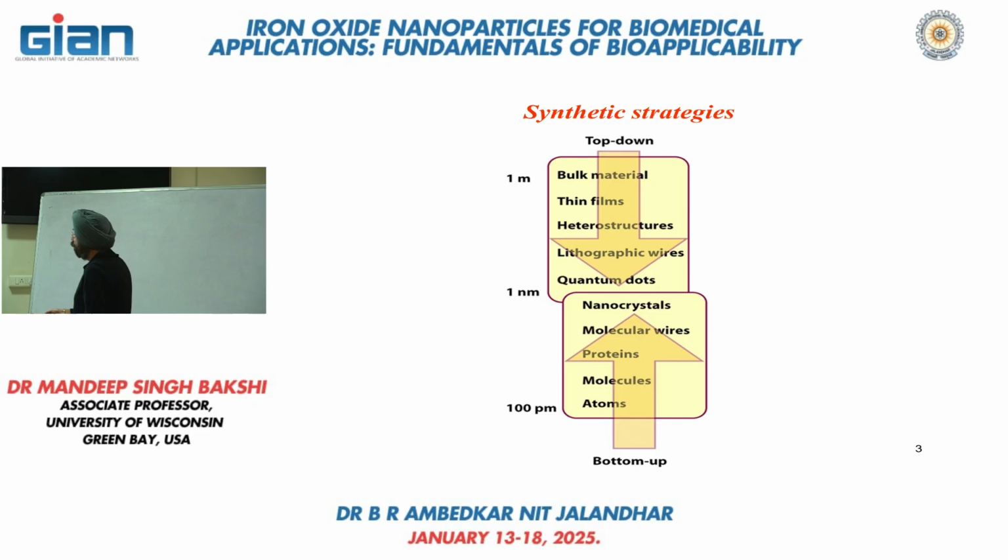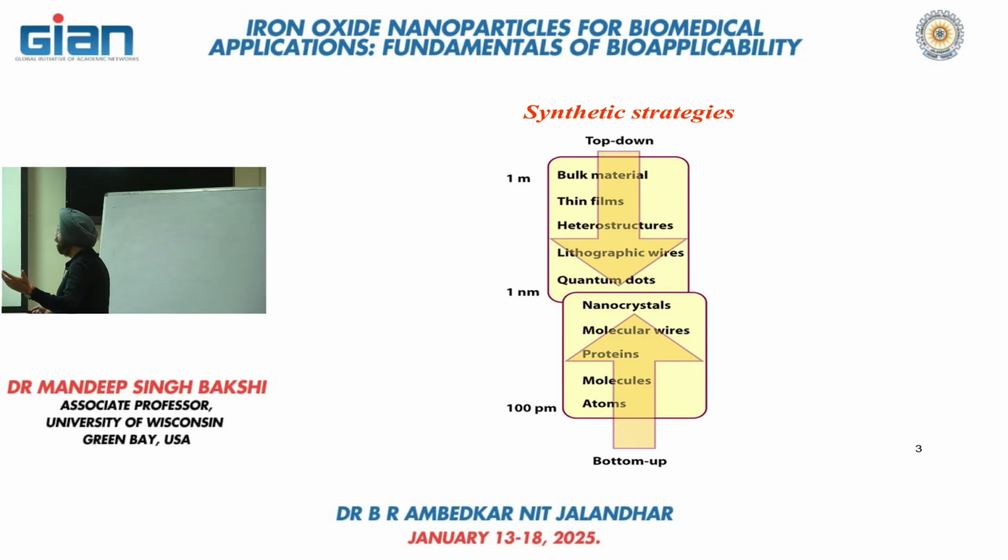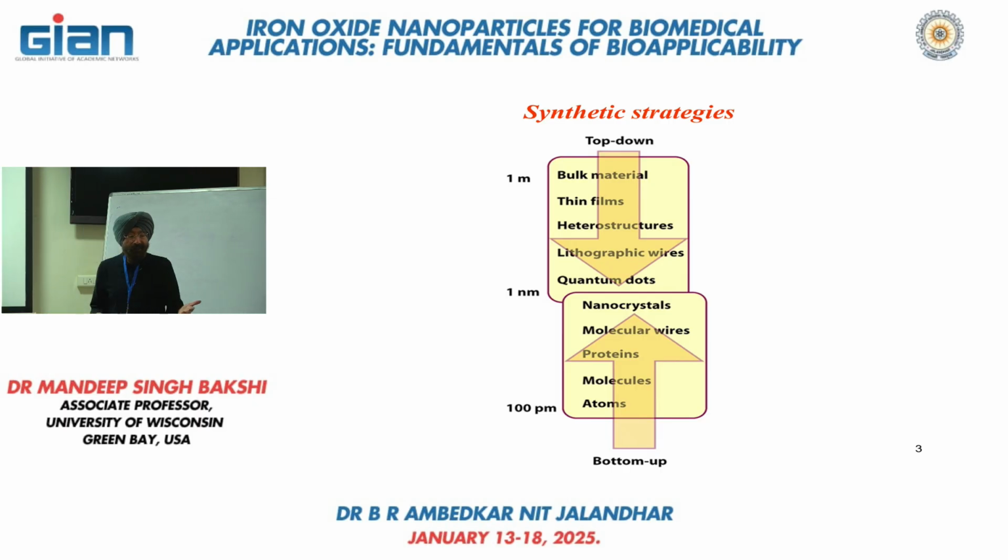That is the way we allow the atoms to produce the nano object. If we are dealing with transition metal nanoparticles, gold, silver, platinum, or maybe oxides, then we are using atoms to produce the nanomaterials.